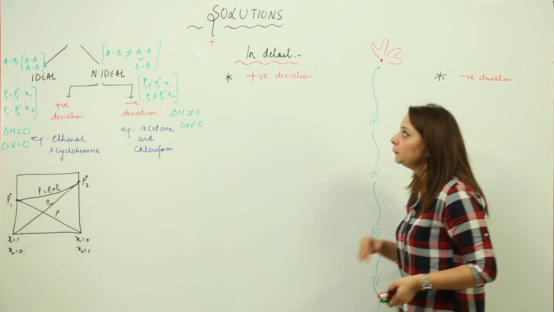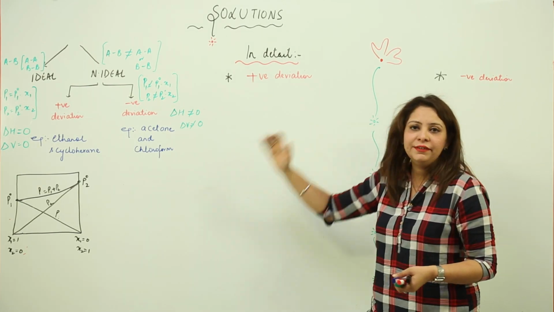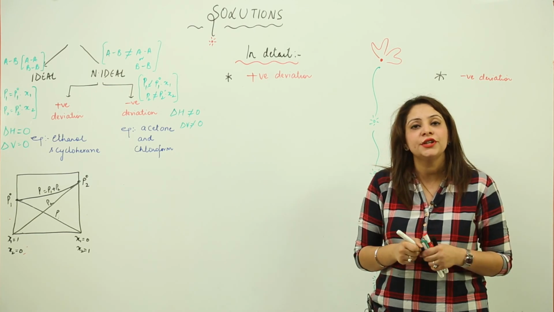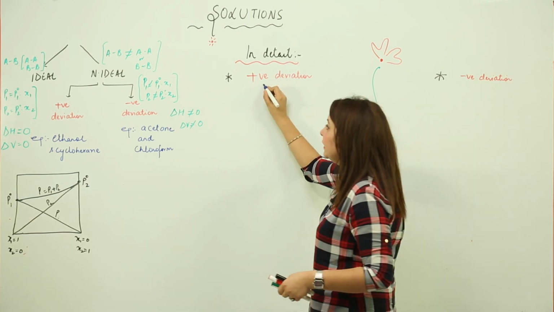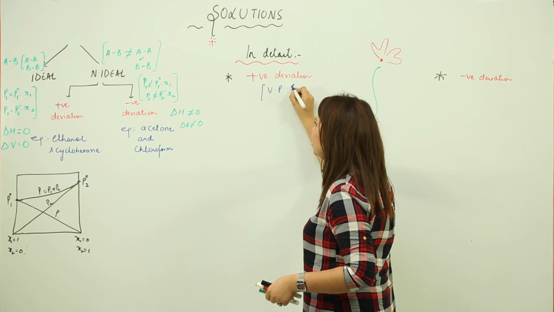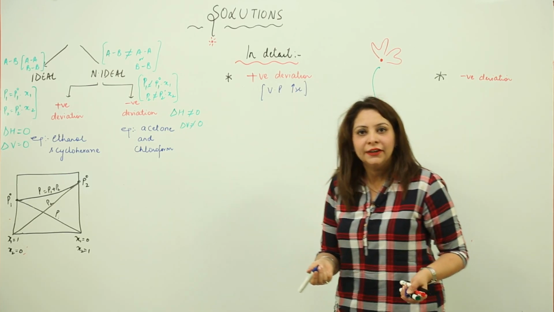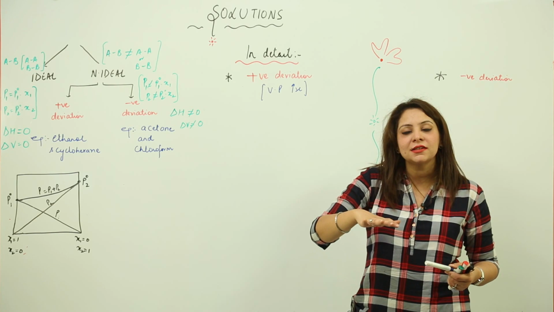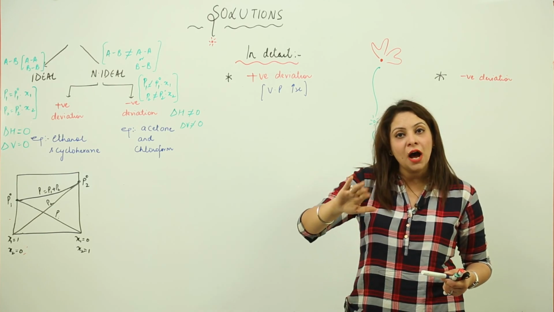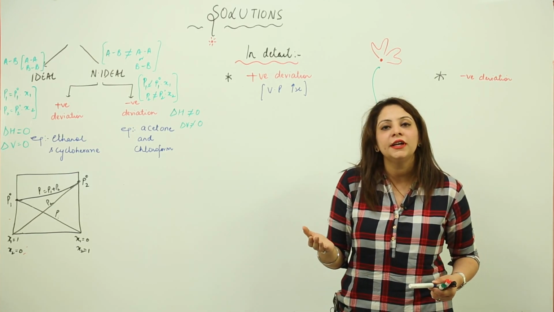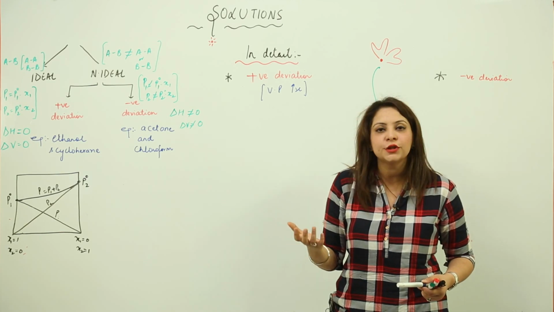So just look at the board here. Now, positive deviation. When I say positive deviation, it should be clear in your mind that in this case the vapor pressure is going to increase, obviously, right. Positive deviation means the pressure exerted is somehow more than the product of the pressure of the pure solvent and the mole fraction, right.